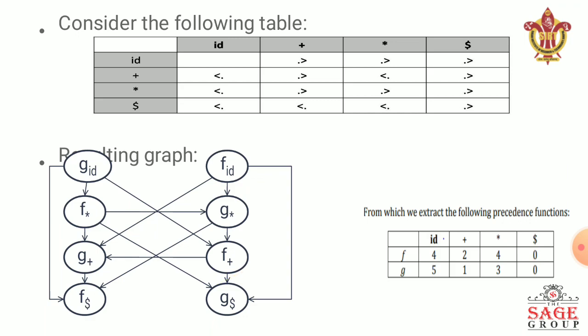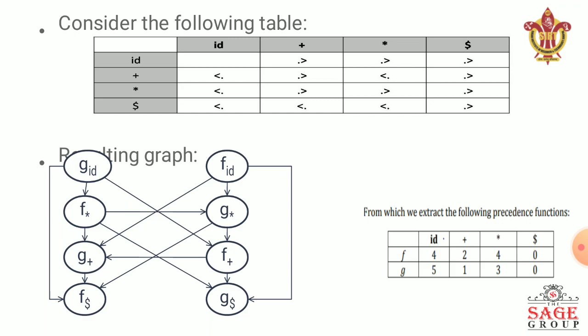Now we can use another intermediate node, so 1, 2, 3 and 4. So we apply all the possible outgoing paths, and the one that covers the maximum number of nodes gives the value we put in this table. So f of id contains 4. Similarly we use this concept to generate the whole precedence function table.